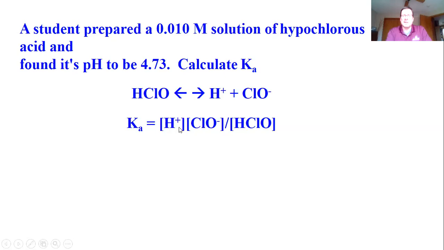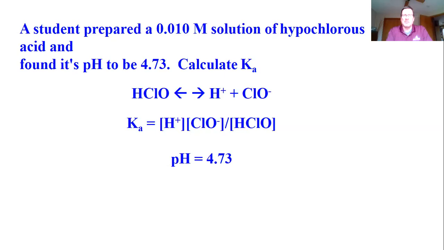So it is the ion concentrations multiplied together, divided by the molarity of the acid at equilibrium. We know the molarity before equilibrium, and we're also told the pH, but we don't know these numbers at equilibrium. So there's got to be a way to find them, and that's why it's called ICE.